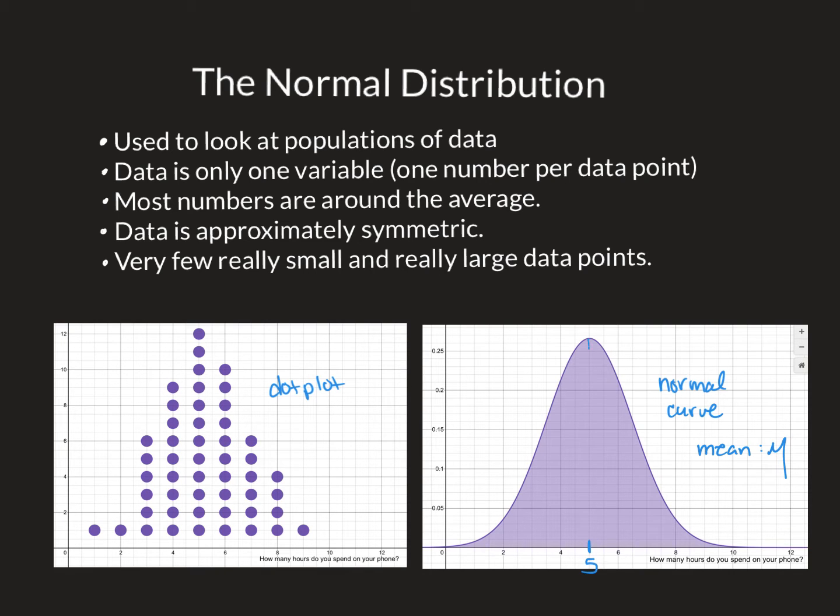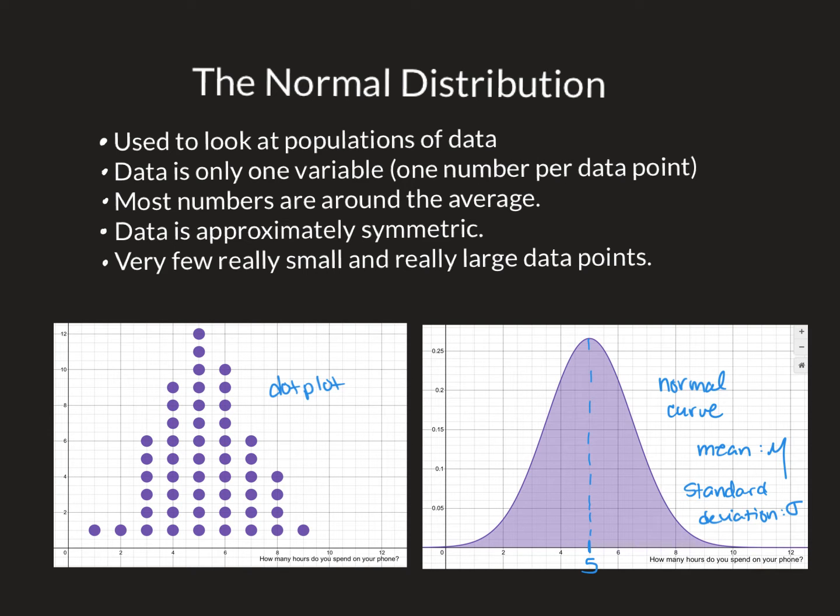The mean happens to be right down the center. And then we also have what is called the standard deviation, which I'm going to talk about a little more in a minute, but the symbol that we use for that is a lowercase sigma, which looks kind of like an O with a hat.